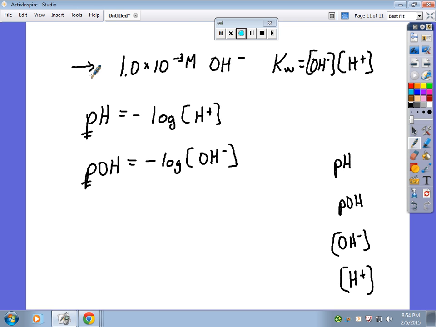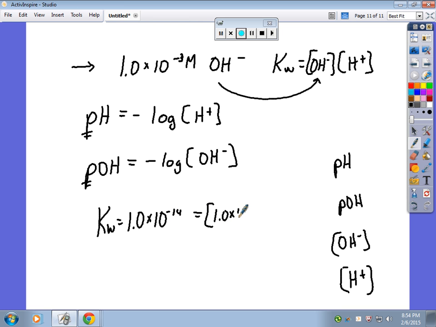That's this right here. So how would you find the hydrogen ion concentration? Couldn't you take this value and plug it in here? Right? And what do you know Kw is? You know that Kw is equal to 1.0 times 10 to the minus 14th, don't you? And that's equal to 1.0, because that's the hydroxide ion concentration, times 10 to the minus third, times the hydrogen ion concentration.